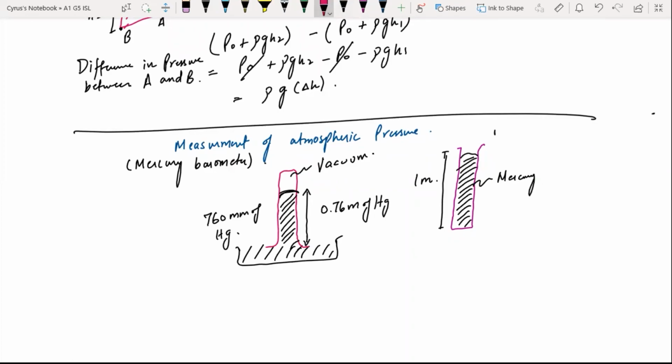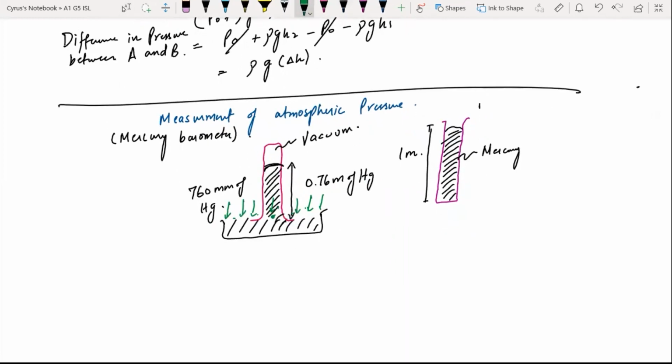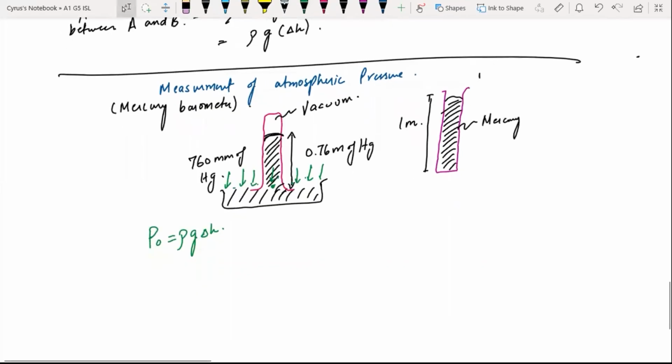If you look here, the atmospheric pressure is acting here as much as it acts at this depth, the same at this point, this point and this point. If you look closely, we can write here P naught, the atmospheric pressure, as rho g delta H, and we can write in front of P naught 1.01 times 10 raised to power 5 pascals.